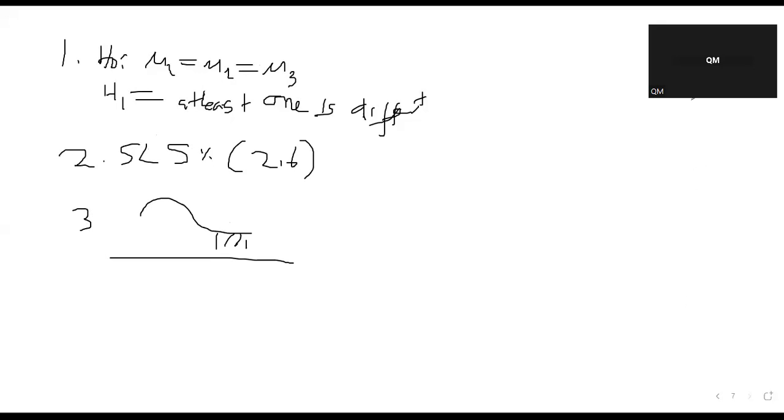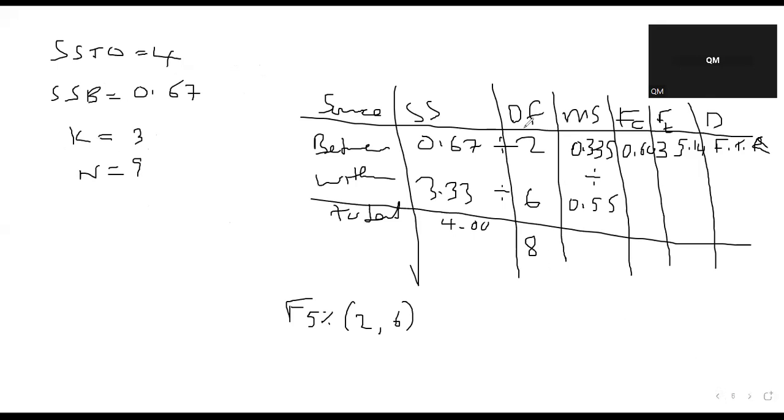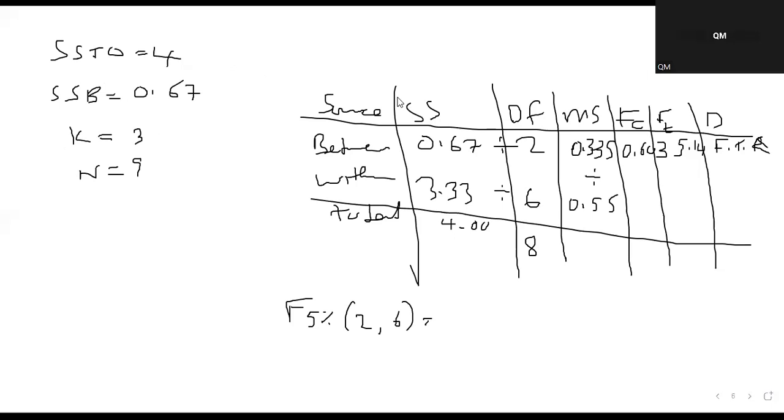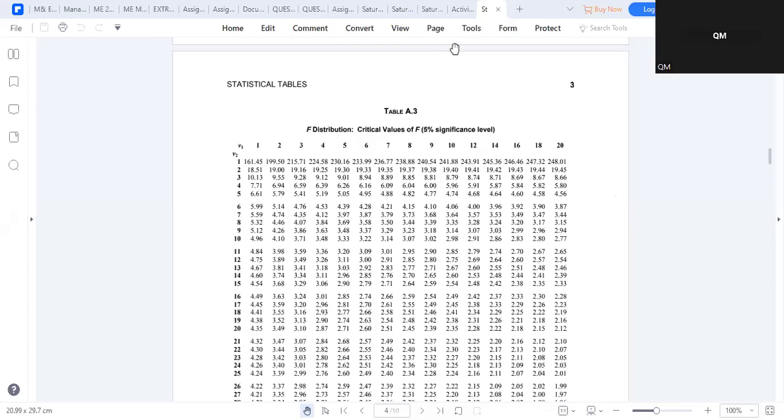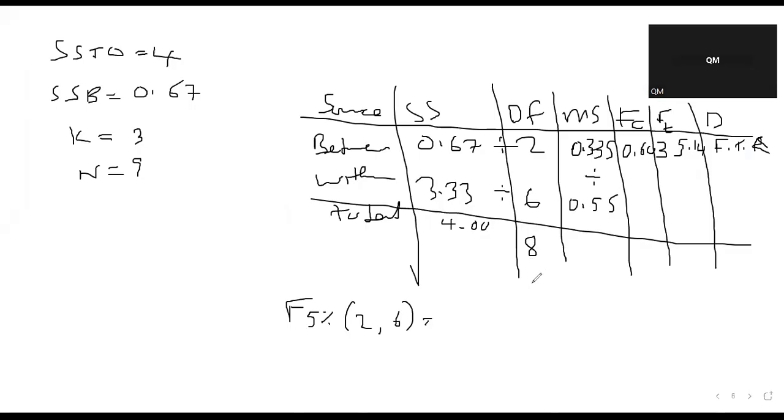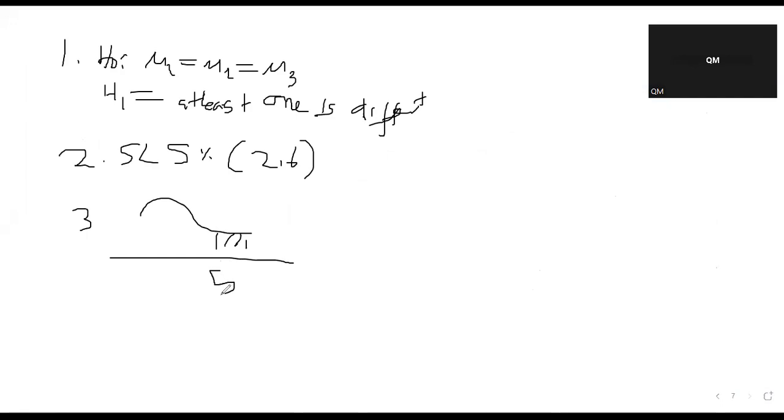We found it from the table, and the reading was 5.14. So this 5.14 is what goes here on the bell-shaped curve. Then the next step, we calculate the F calculated, which we found as 0.6.